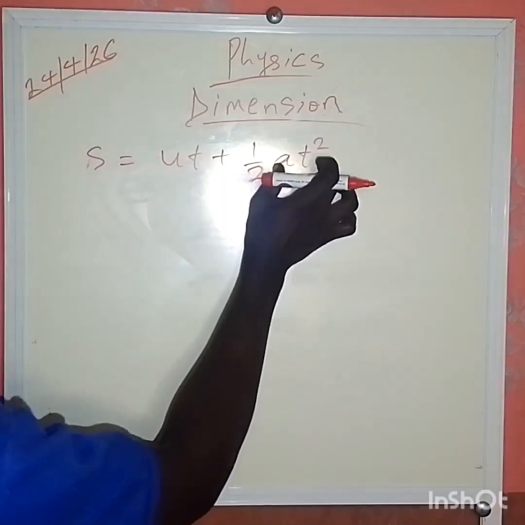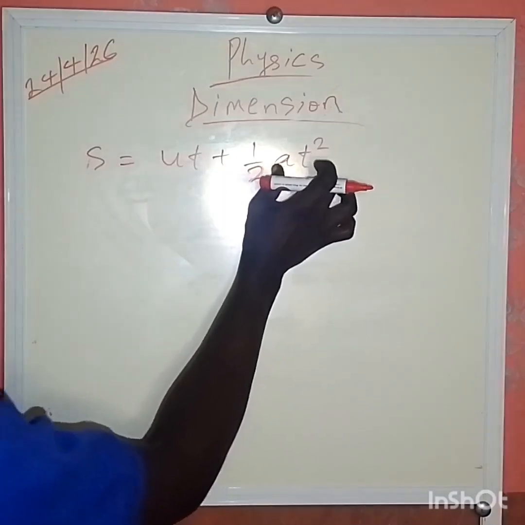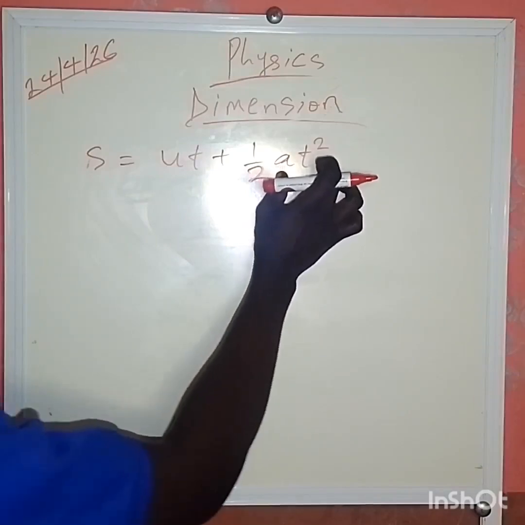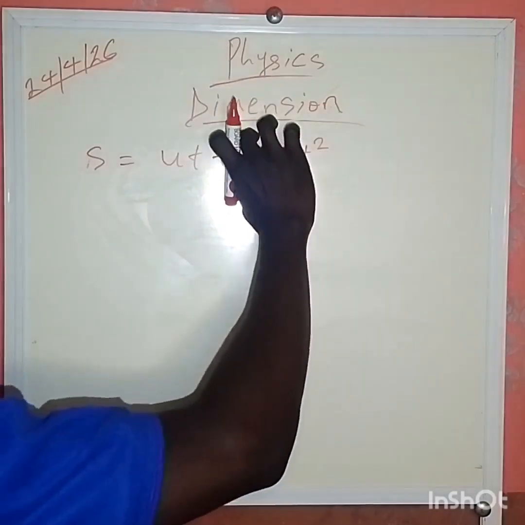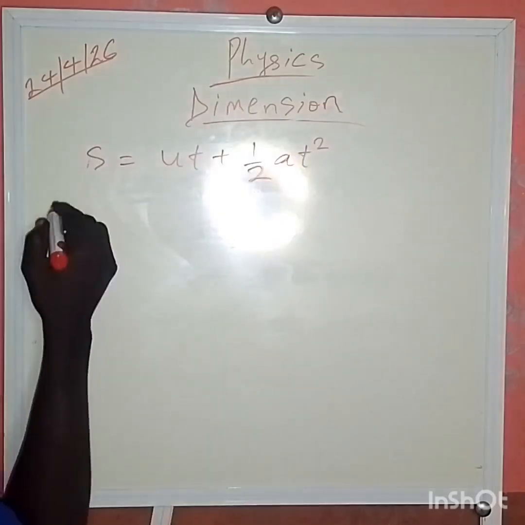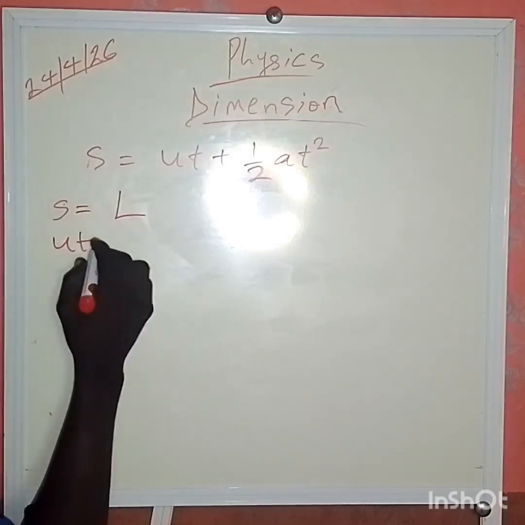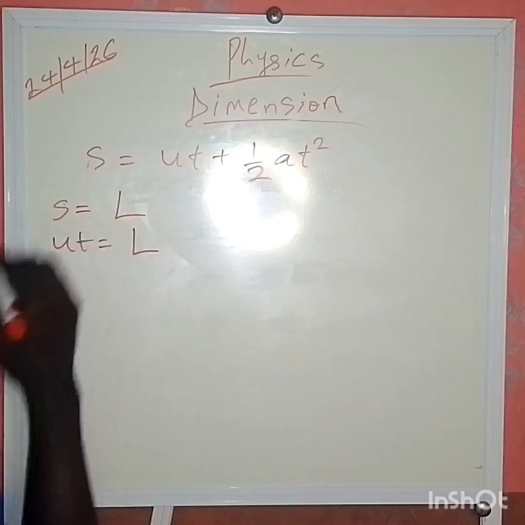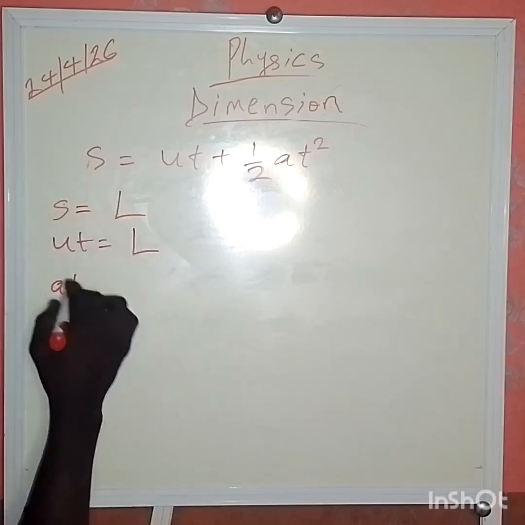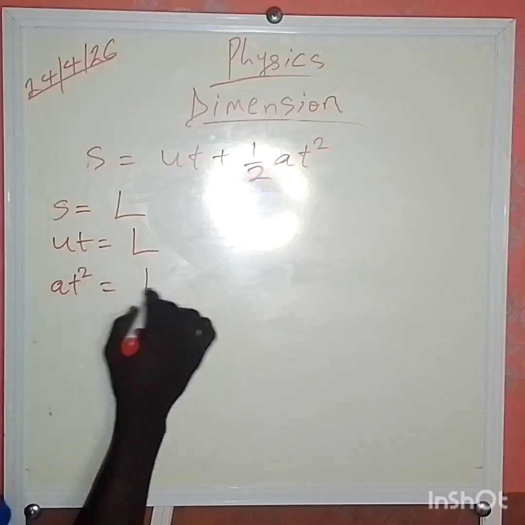You don't look at this 1 over 2. So for S, the dimension is L. For UT, the dimension is L. And for AT squared, the dimension is L.